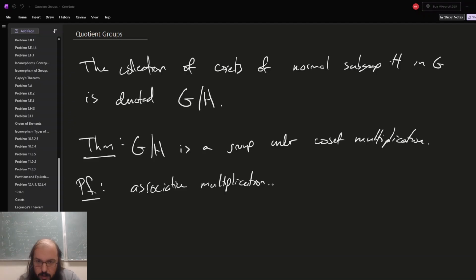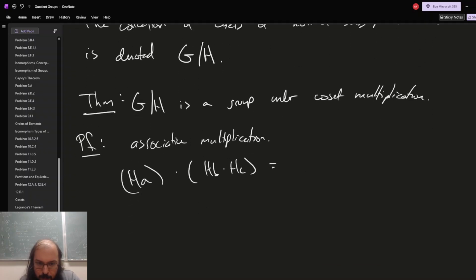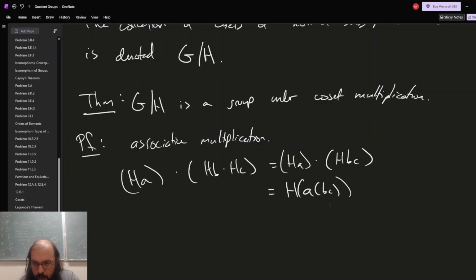And indeed, here, if I have Ha and Hb and Hc, multiplying these two first, we saw how to define that last time. That is Ha times Hbc, and this is H(a(bc)), written out in copious parentheses to make sure that we agree with what's going on here.